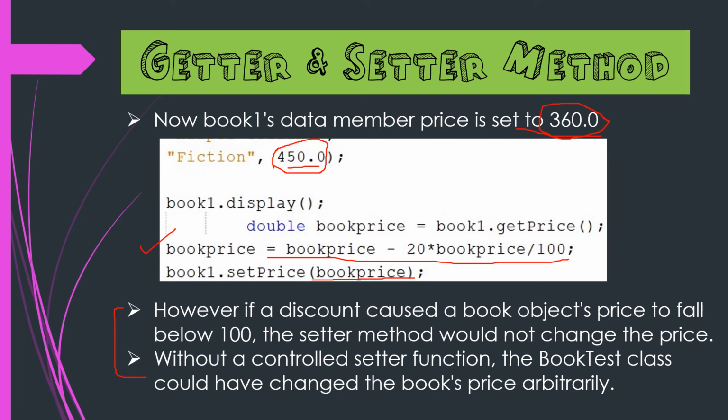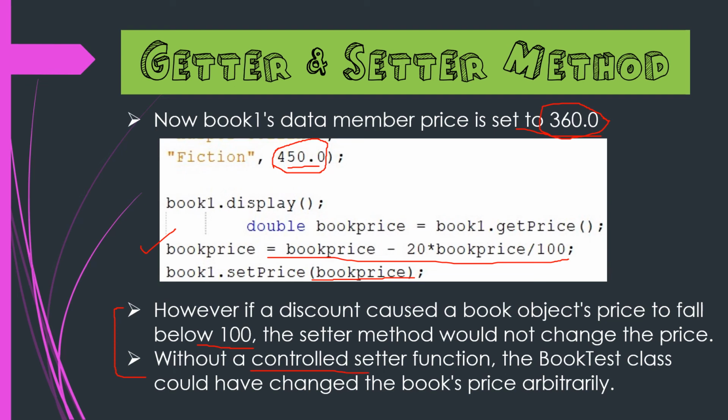Why? Because the discounted price was less than 100 and this condition would apply in this case. Without a controlled setter function, the book test class could have changed the book's price arbitrarily. Meaning if we were not having a controlled setter function.